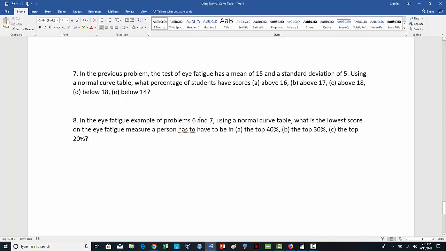So this is very different. In problem 6 and 7, we were answering with a percentage. It was asking us what percentage of students fall under this area of the curve. In this one, it's giving you a percentage, like a point on the curve, what percentage are above this point, and you have to figure out, in this case, what's the lowest score.